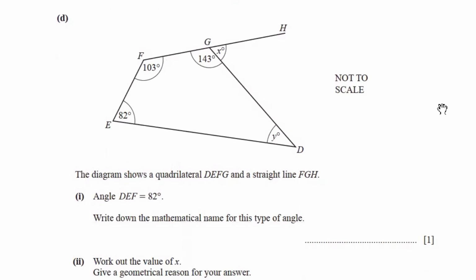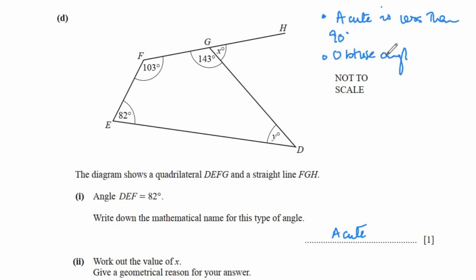Part D says the diagram shows a quadrilateral DEFG and a straight line FGH. Angle DEF is 82 degrees. Write down the mathematical name for this type of angle. This is an acute angle, because an acute angle is less than 90 degrees, whereas an obtuse angle is greater than 90.